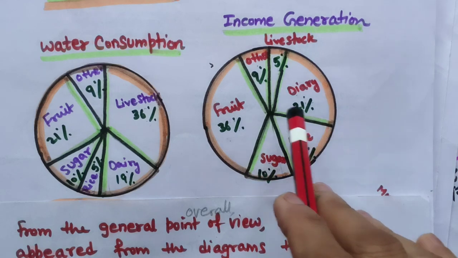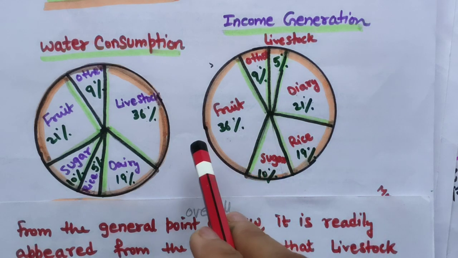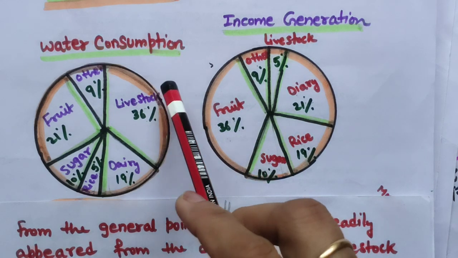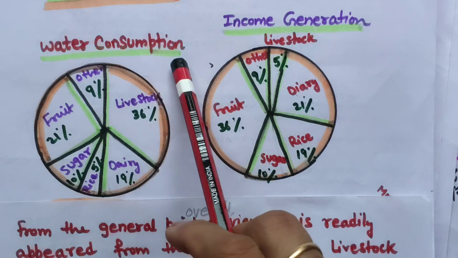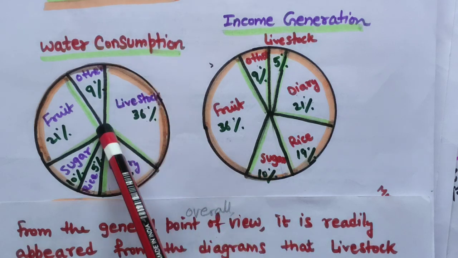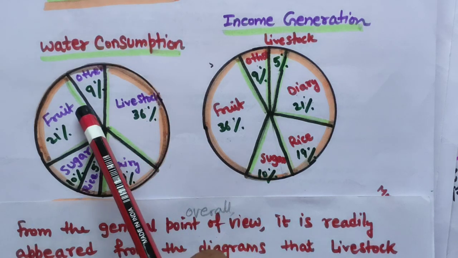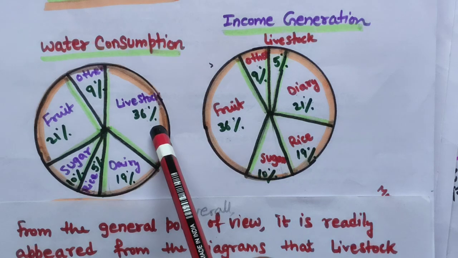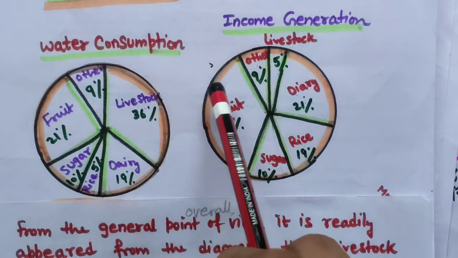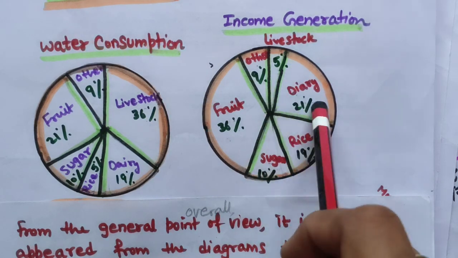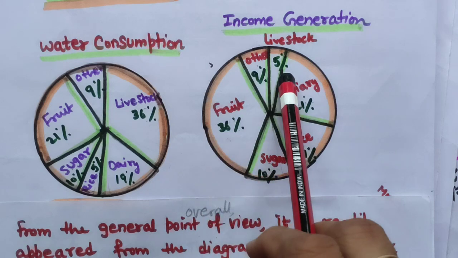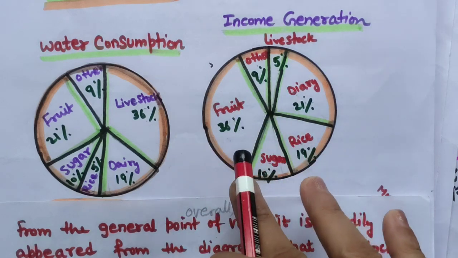You will not get bands. If you compare it, that's better. Another method you can take is category wise. You just talk about how this category had consumed this much water, and in return it has given a lesser amount of income, 5%. So you can talk about it like that.